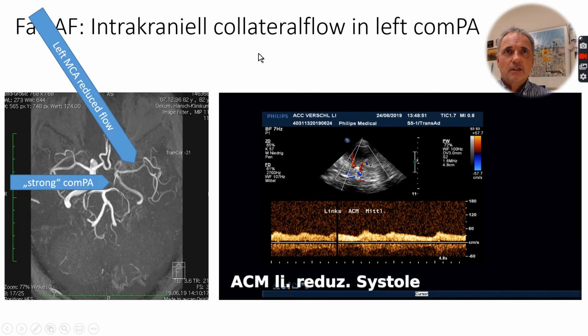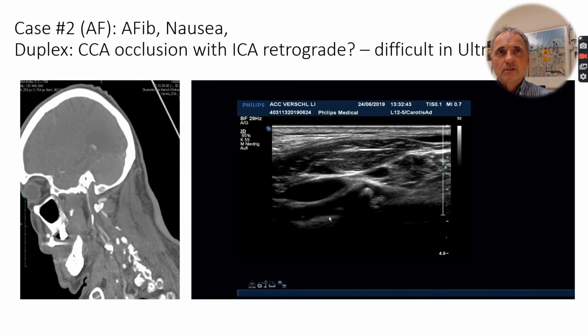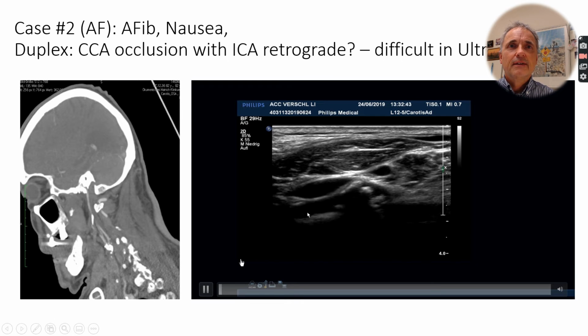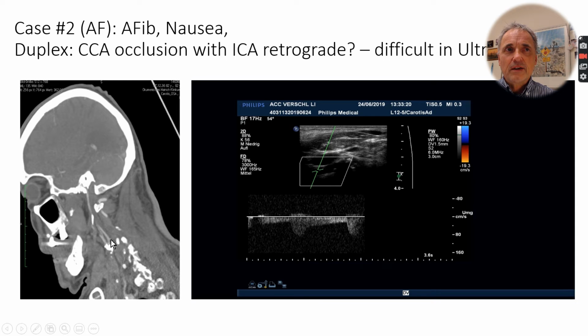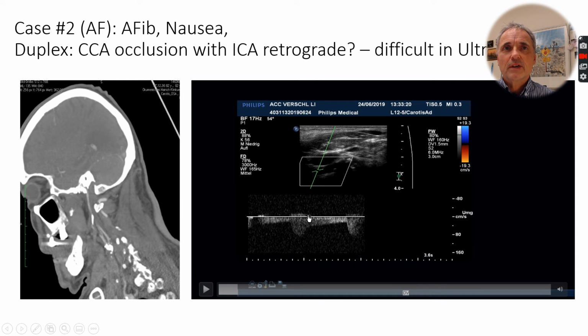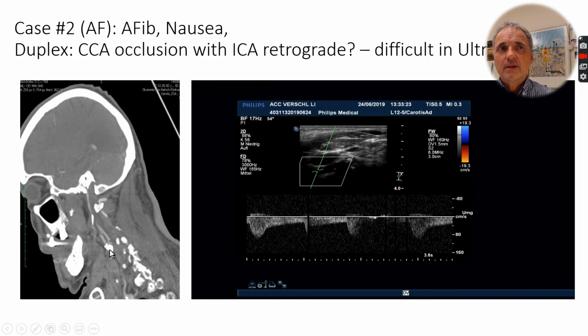This patient presented with a lack of ICA flow with a common carotid artery occlusion. It's difficult in the assessment of the bifurcation to identify the vessels. We have one vessel with an orthograde flow, and this is a retrograde flow, with a pattern which could be a pattern in a patient with an intracranial blood supply. However, the direction is away from the brain.